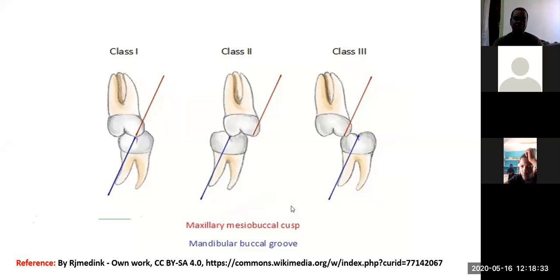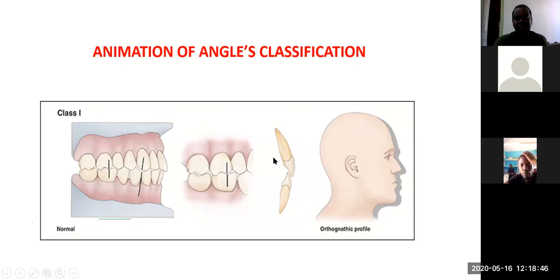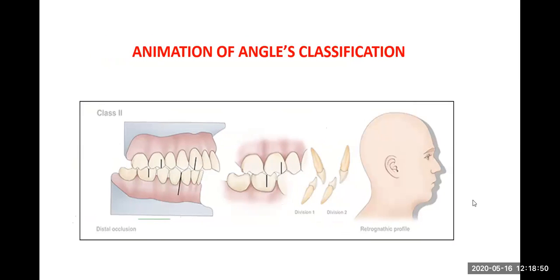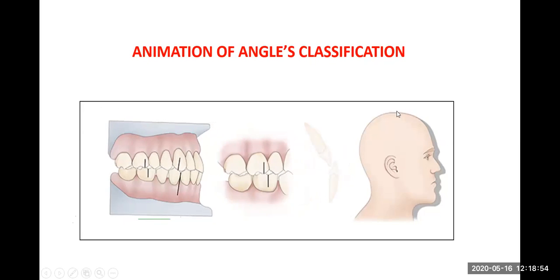This gives you a clearer picture. You can see the relationship there. That is Edward Angle's classification of malocclusion. Let's look further. This is a dynamic relationship. You see how the animation is changing.